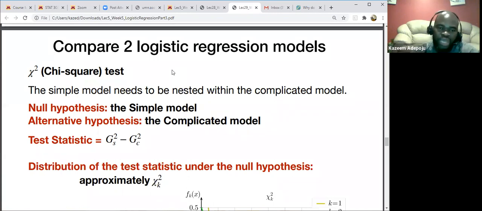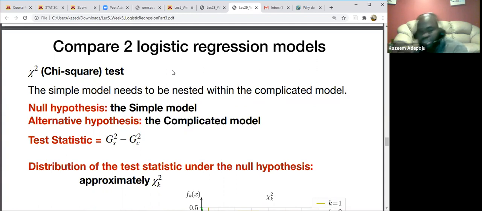We also compared a complicated model with a simpler model. That is in the framework of a linear regression model. In one, we were computing the F test, and in the other, we were conducting a partial F test. I think you remember that.